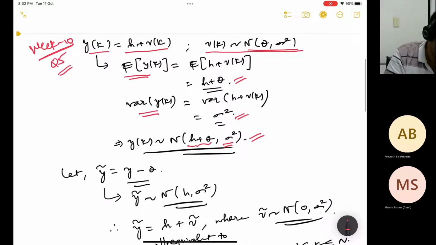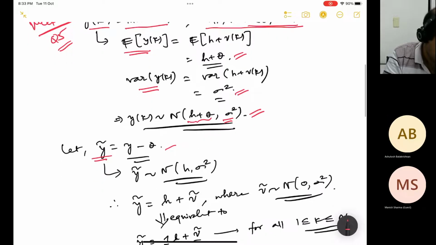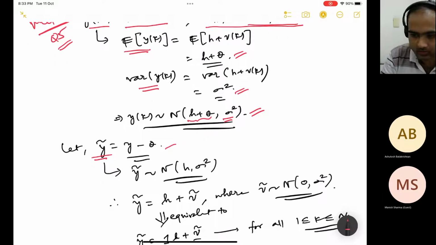Now let y tilde be defined as y minus theta. This is a new random variable which we are defining, and if we subtract theta from y, y tilde will basically be a Gaussian distribution, but now the mean is only h, and the variance remains sigma square.